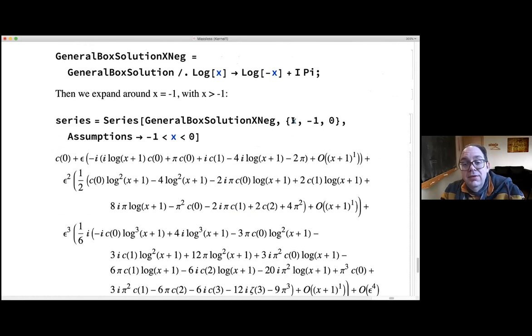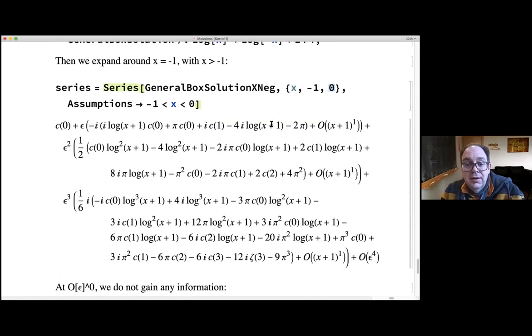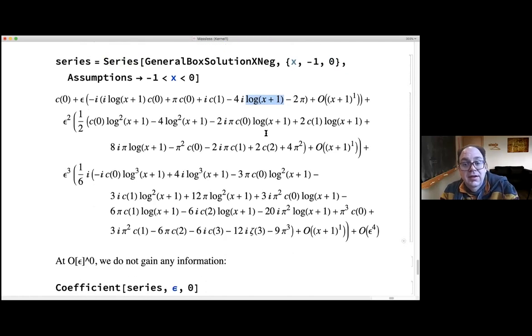You see that if you make a series expansion for x around -1 up to finite terms, the solution will in general contain things like log of 1 plus x, which shouldn't be there because there should be no singularity as x becomes close to -1. That is what unitarity tells us.